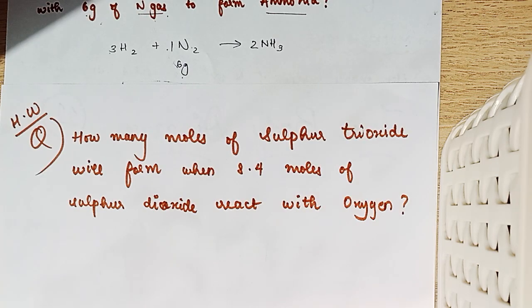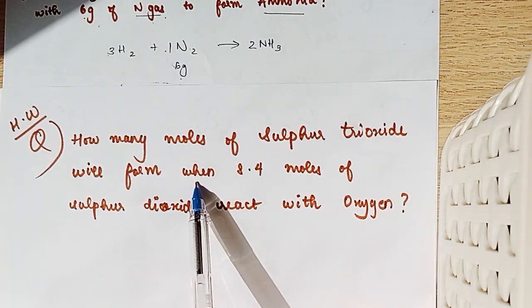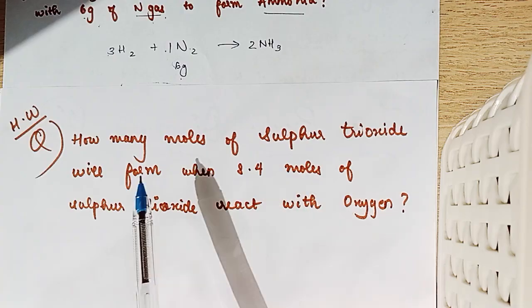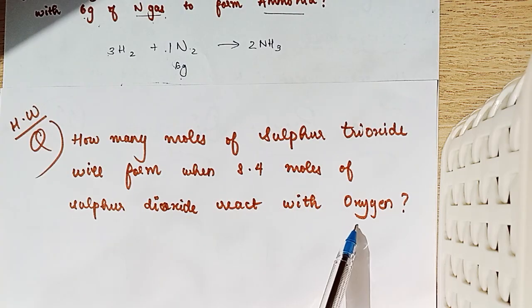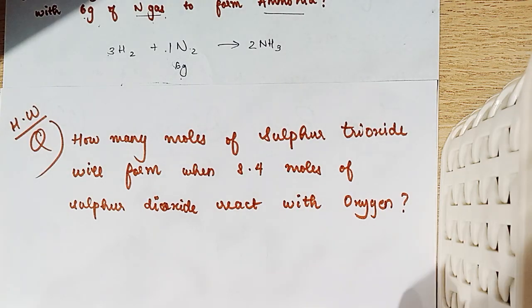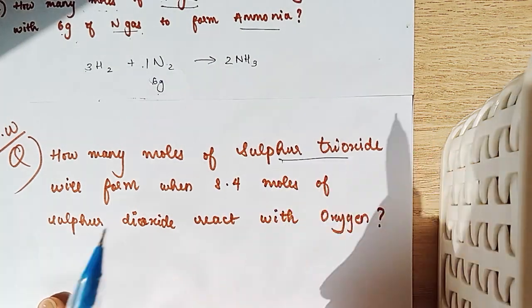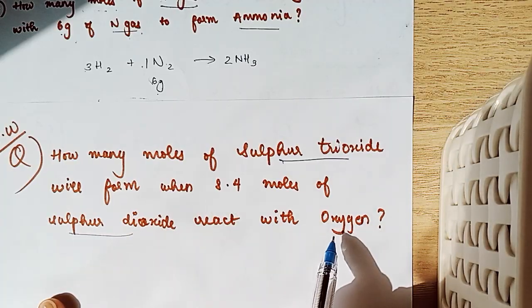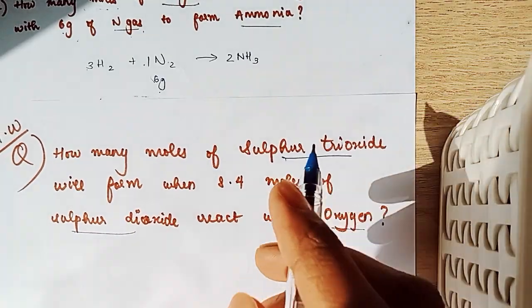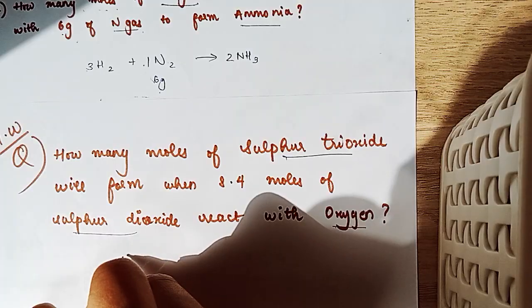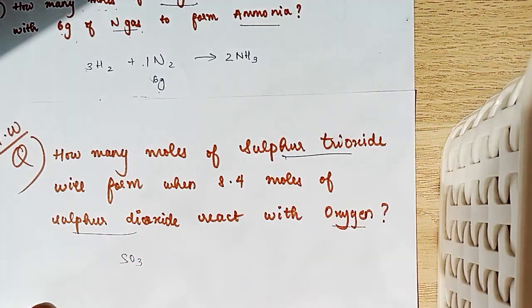So the question is, how many moles of sulfur trioxide will form when 8.4 moles of sulfur dioxide react with oxygen? So just to help you, I'll give you the balanced chemical equation. So what all are given? Sulfur trioxide, sulfur dioxide and oxygen. Sulfur trioxide is SO3.